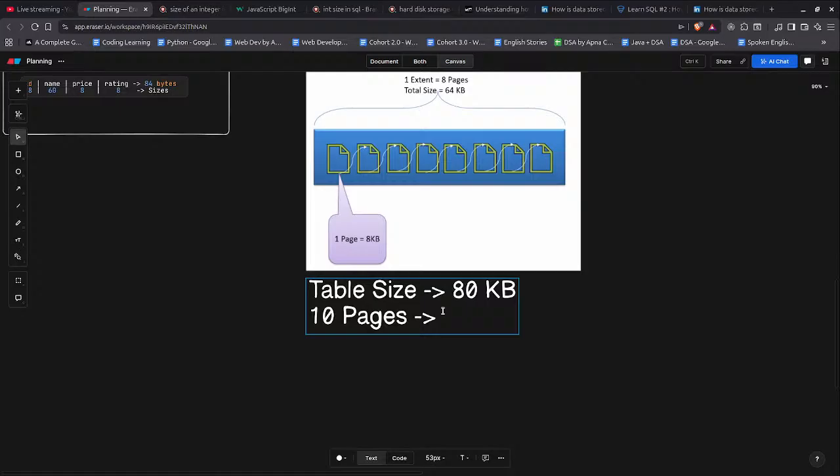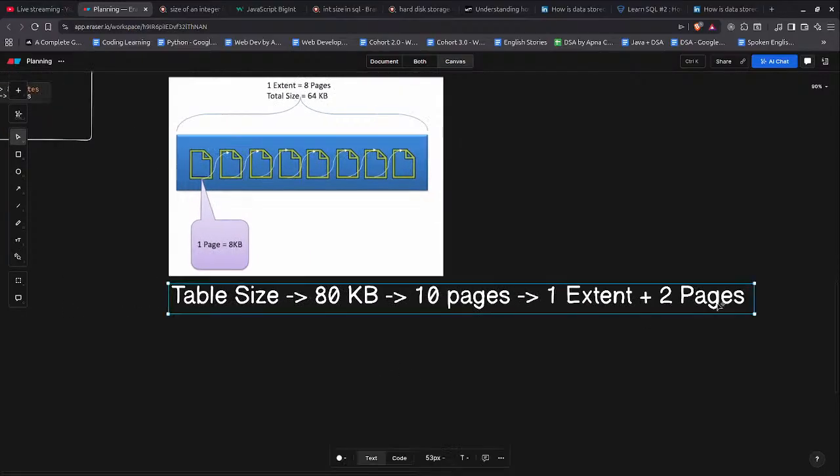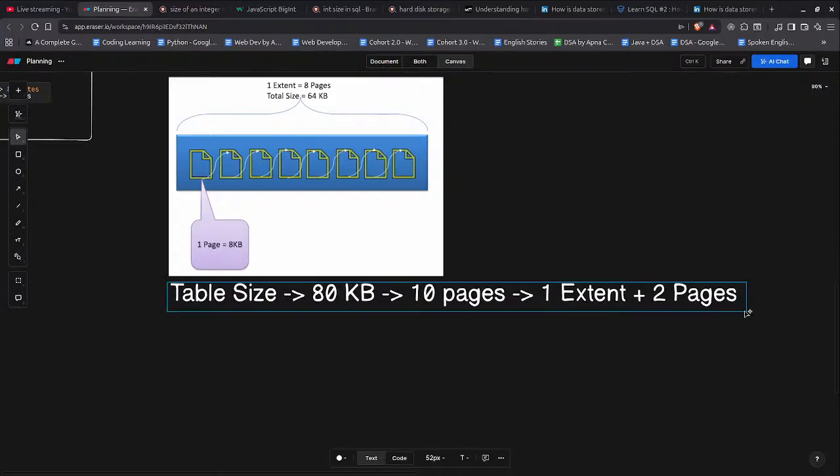So that simply means we need 10 pages. 80 KB means 10 pages, and 10 pages means one extent plus 2 pages. This is how we are going to decide what is needed and when.